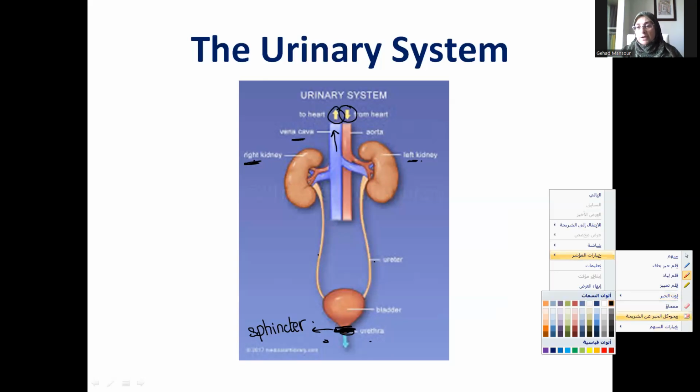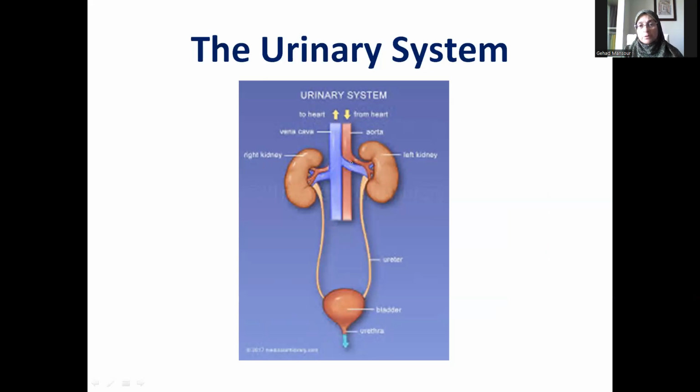And then I might ask you another question about the direct blood supply of the kidney. The direct blood supply of the kidney will include the renal artery. So this is the renal artery, and the other one is the renal vein.